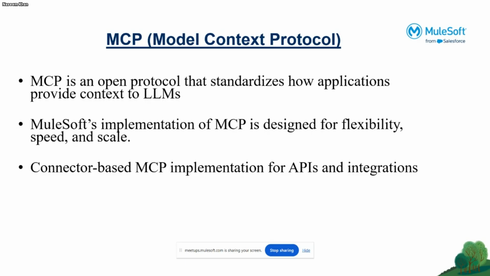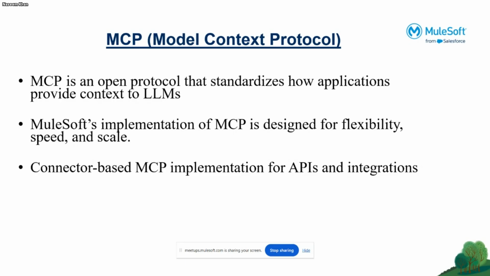MuleSoft's implementation of MCP is designed for flexibility, speed, and scaling, so that it can be consumed by any AI agent in a flexible way. And the best part is that we don't have any complex configuration for this.